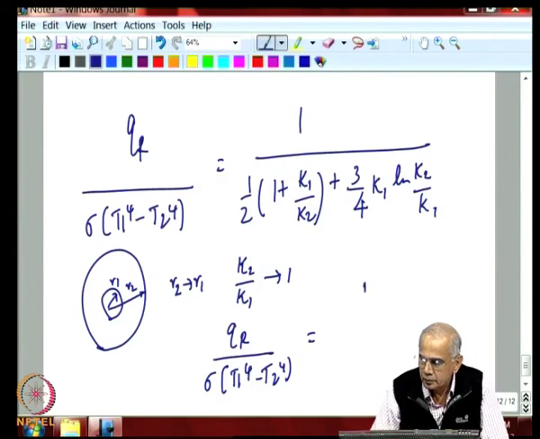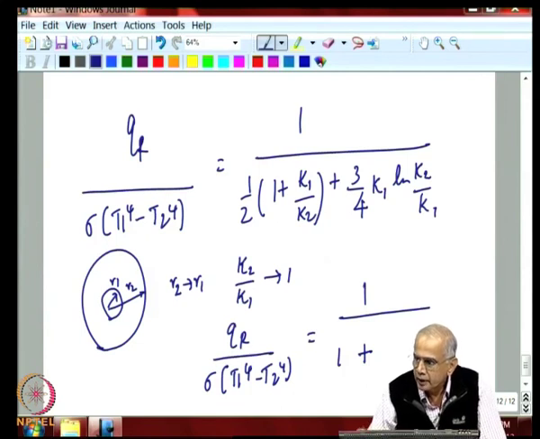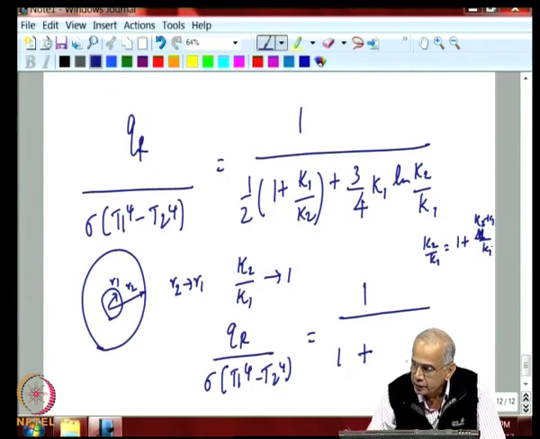If it were exactly equal to 1, of course, the problem is not there, log 1 is 0. So, when it approaches 1, you can write this as kappa 2 by kappa 1 equal to 1 plus delta kappa, that is kappa 2 minus kappa 1 by kappa 1. So, this is a small quantity as kappa 1 approaches kappa 2. So, this becomes a 1 plus x form.